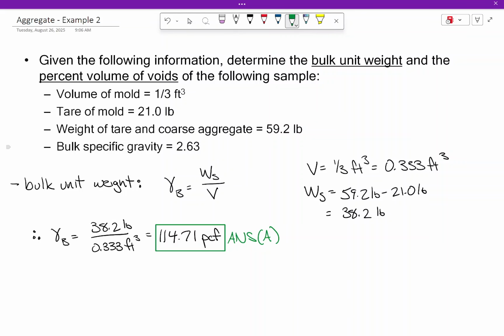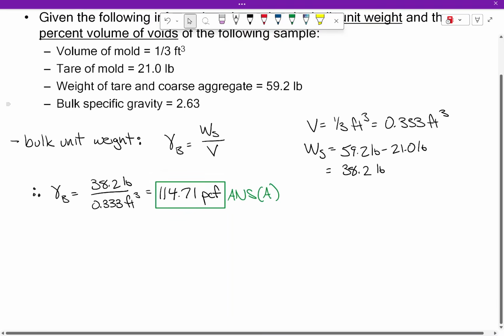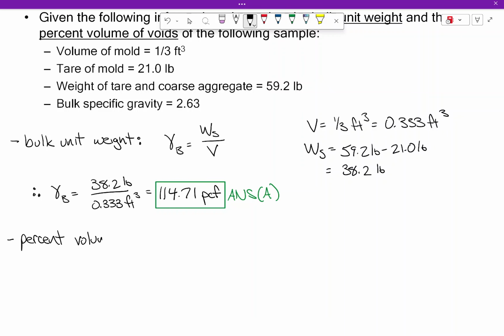Now, the next question is, that's great, but how much of that is solids and how much of that is voids? Well, that's where we can use the bulk specific gravity. So what I'm going to do first is find the percent volume of solids.